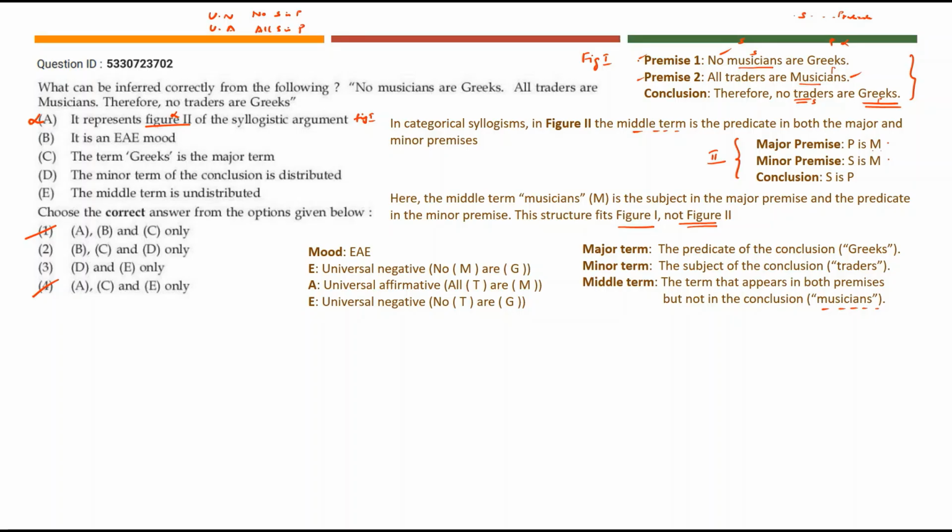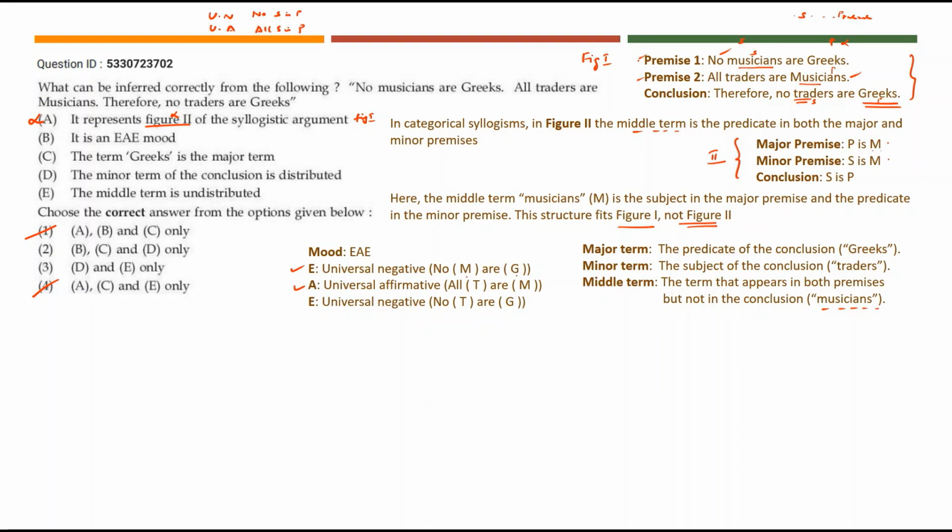Now just check. The first statement is no musicians are Greeks. So I have just used only the first letter of the word because I didn't have much space here. No musicians are Greeks. This is in the form of universal negative. So E is done. Next we have all traders are musicians. Here we have the form of universal affirmative. This is also fine. What about the conclusion here?